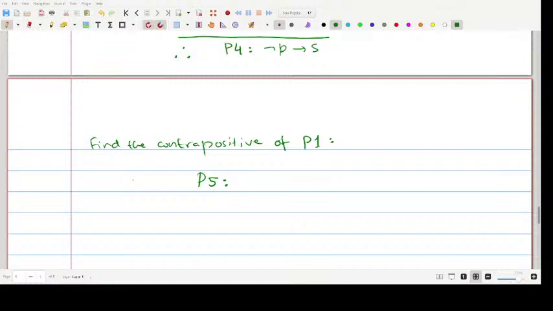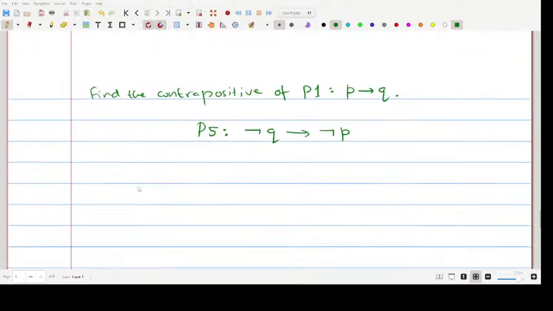What was P1 basically? P1 was P implies Q. So the contrapositive is negation of Q implies negation of P. And then we will again consider the hypothetical.